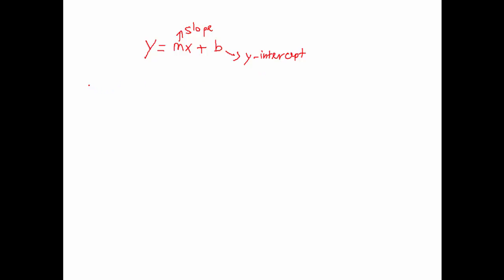So for example, if I have y equals negative 6x minus 1, what would be the slope for this equation? Remember that it is anything that stands in front of the x. So in this case, negative 6. This is m, or the slope. And the remaining number, which is negative 1, is called the y-intercept.